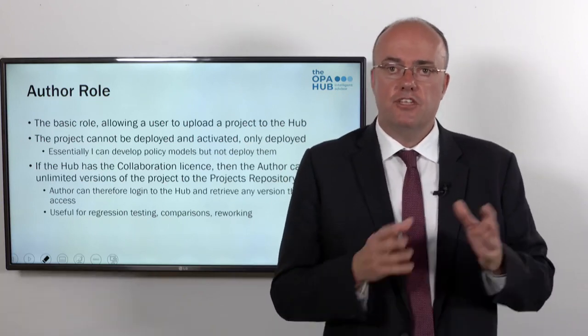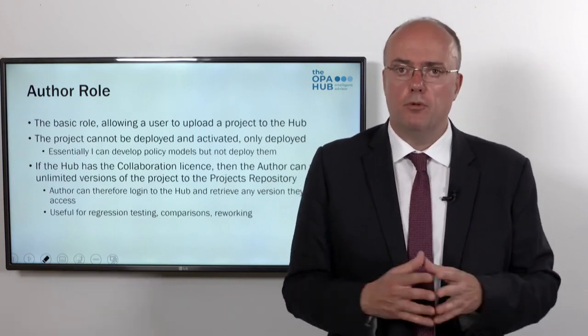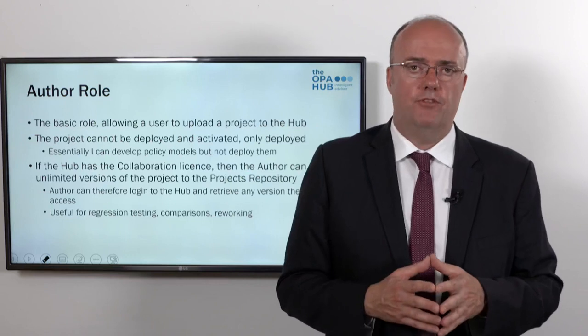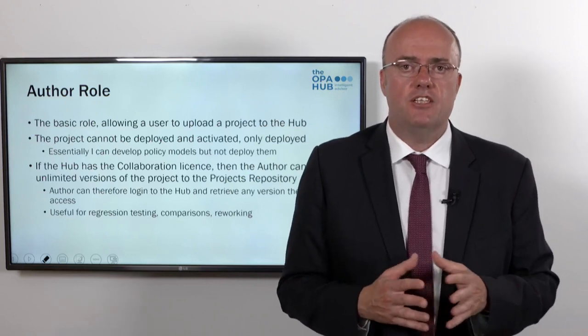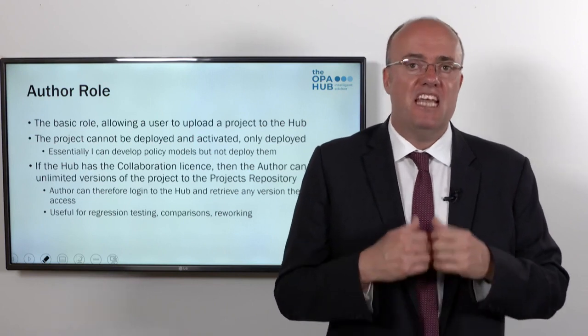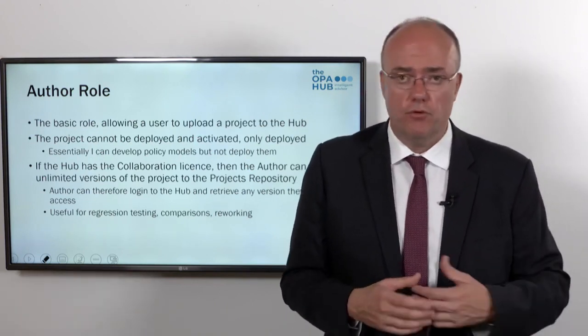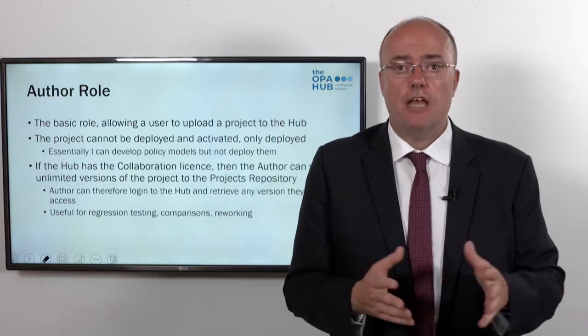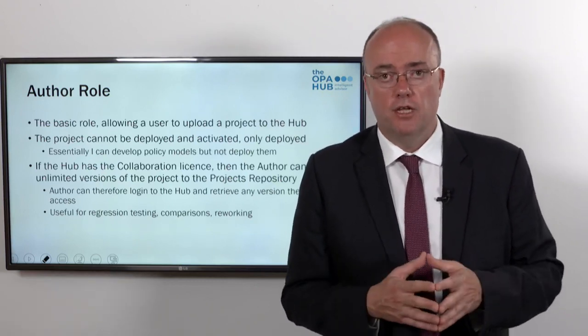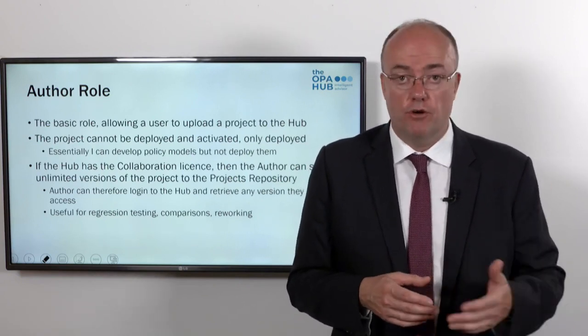The second stream, which I'm going to call the deployment stream, is available to everyone, whether or not you have the collaboration license. And that is this concept of making your work accessible to the end users, to the public, to the citizens, to your employees, whoever it is. That also will need to be versioned. That also will need to have version 1, version 2, version 3. It will need to be tracked.